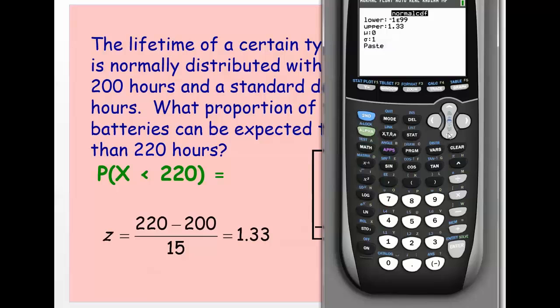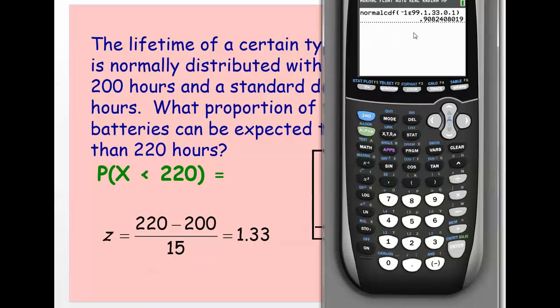And since the z-scores are in the standard normal curve, the mean would be 0 and the standard deviation would be 1. So that's lower bound, upper bound, mean, and standard deviation. Your calculator, you might just have to type that in. You might not have a fill-in-the-blank like I do. And then I'm going to hit enter.